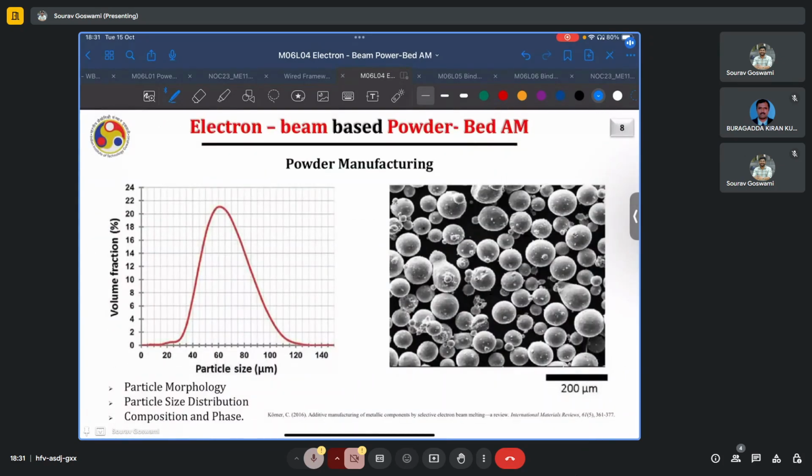However, as we know, irrespective of the process that we use, we will never really end up with a batch of powder with only one particle size. That is, you will never have a batch of powder that has exactly all powder particles of 60 micron.